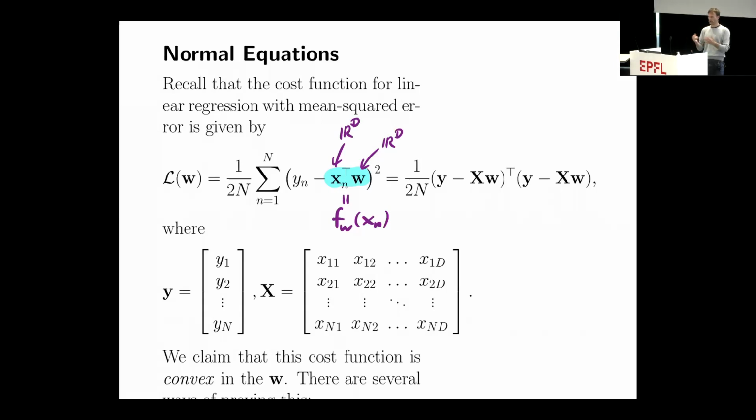Every data point has d features. That's why we write it like this. And then of course the label is just a number. And this we have seen already, right? This is just a linear model, and then what cost function do you want to have on top of that? Here we want least squares error.